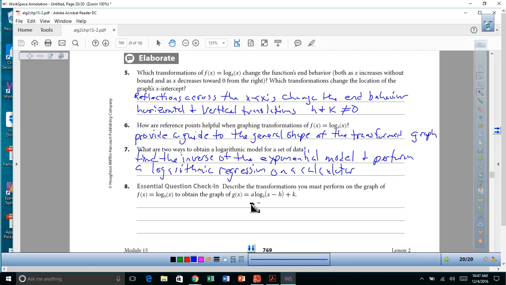Describe the transformations you must perform on the graph of f of x equals log base b x to obtain the graph of g of x equals a times log base b of x minus h, plus k.